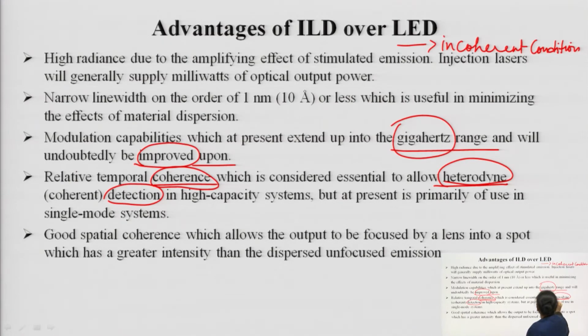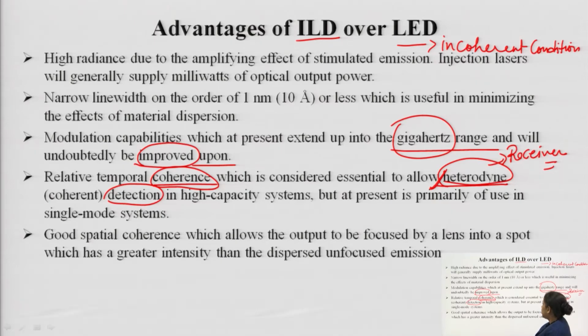So, in the case of a heterodyne detection system, that means at the receiver section, because this detection system is used at the receiver, we face a problem. This can be reduced at the receiver section by the presence of a coherent system, and this can be achieved with the ILD, not with the LED.